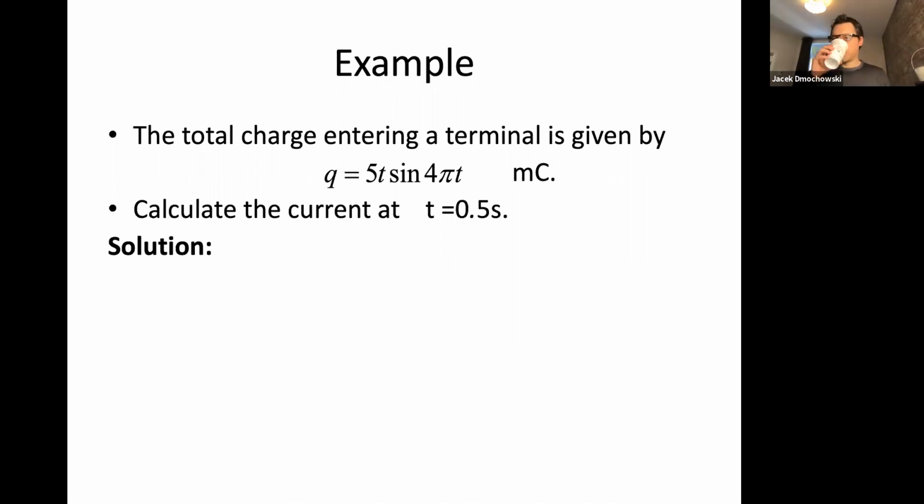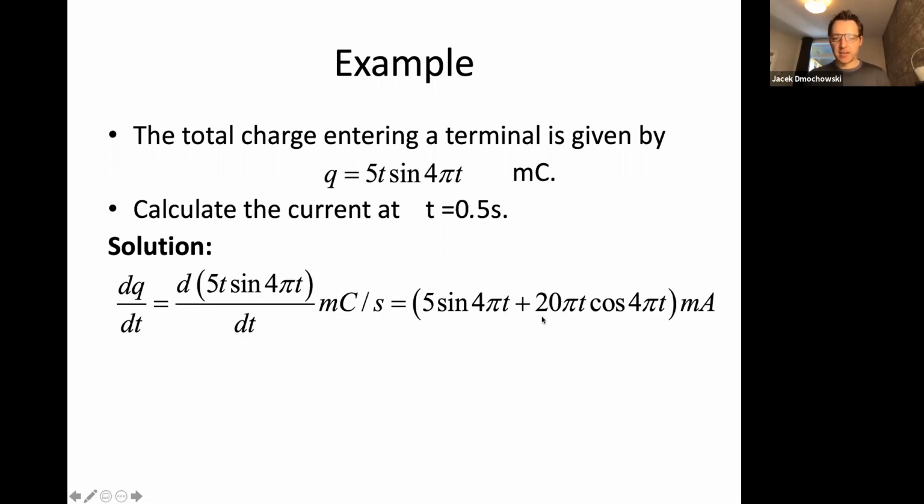Yes, very good. So who wants to shout out what the derivative will look like? What's the derivative of 5t? 5. Very good. What's the derivative of sine 4 pi t? 4 pi cosine 4 pi t. Excellent.